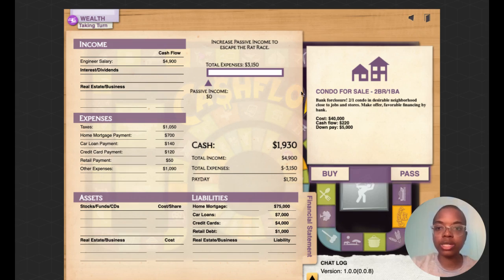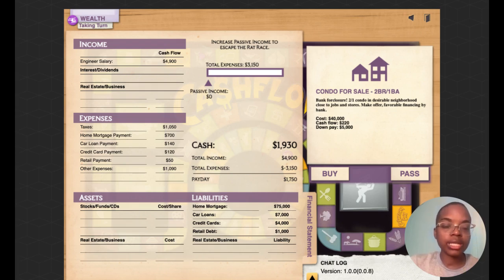That would be included in the real estate business section of my income, or excuse me, on the asset. The 220 would be part of my income, and the cost would become part of my assets. So it would take a down payment of $5,000, and currently I have $1,930. So I don't have enough to pay for it outright, but if I wanted to, I could buy it by taking out a loan.